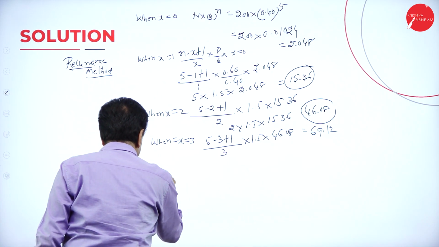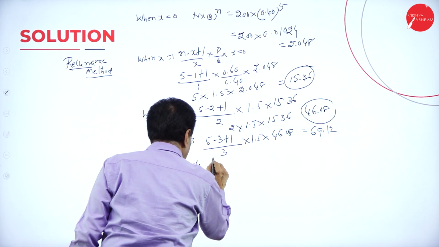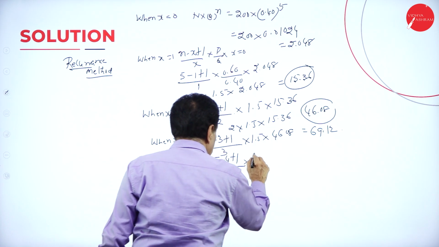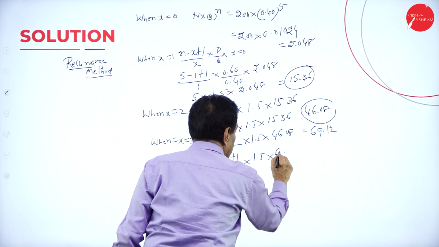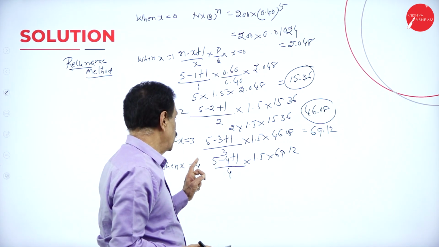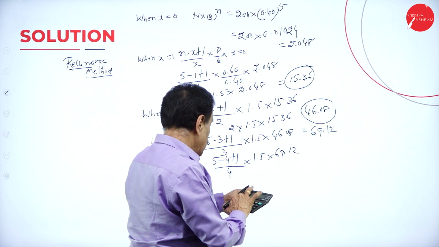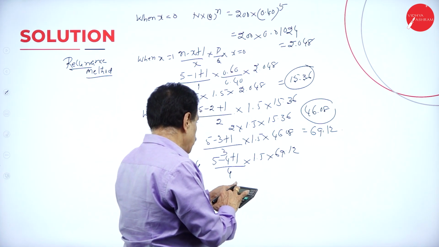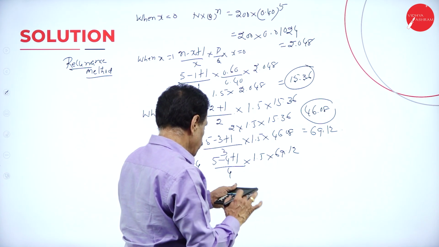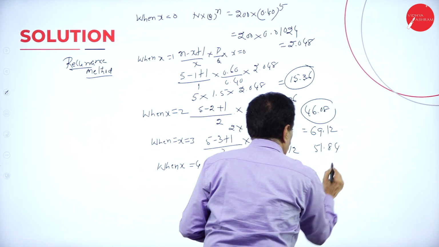Then when x is equal to 4, same: 5 minus 4 plus 1 divided by 4 into 1.5 into 69.12. 5 minus 4 is 1, 1 plus 1 is 2, divided by 4 is half. 0.5 into 1.5 into 69.12 is 51.84.